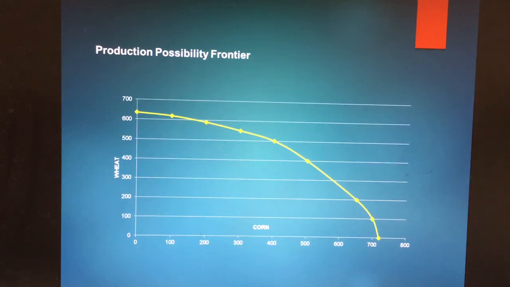In other words, as you decide you want to produce more wheat and move along that curve, you are giving up successively, I should say proportionally, more and more corn in order to do so. And so you would see that the slope of this curve is not only negative, but increasingly negative as you move from left to right.